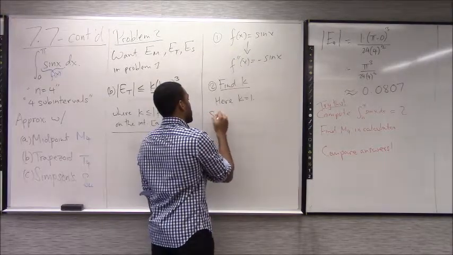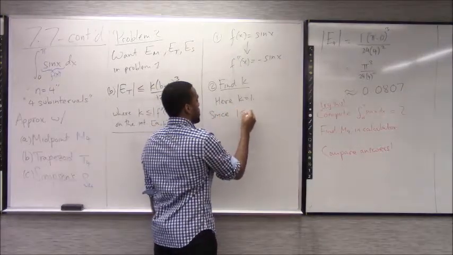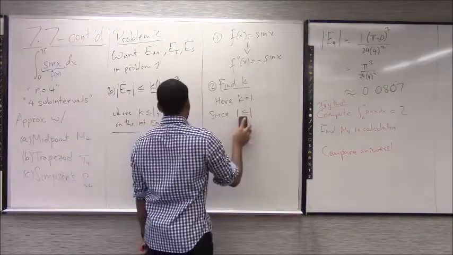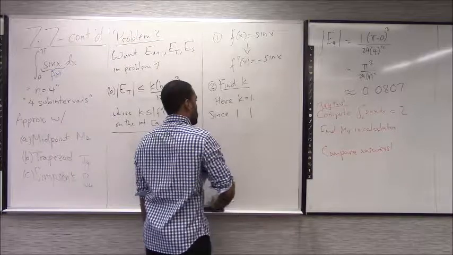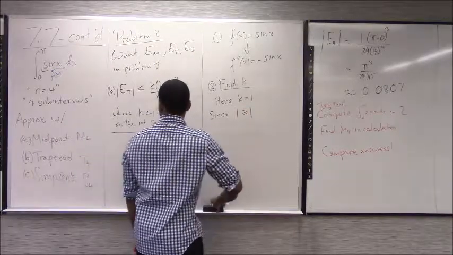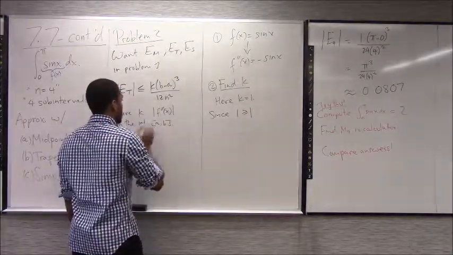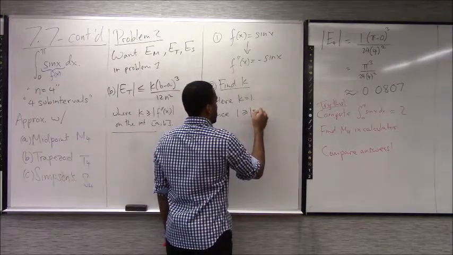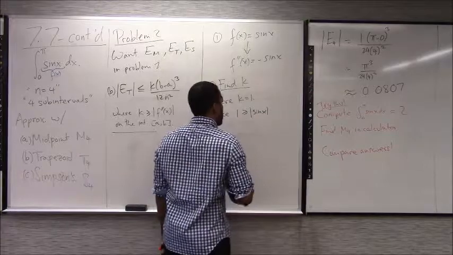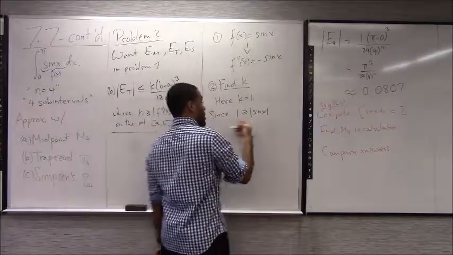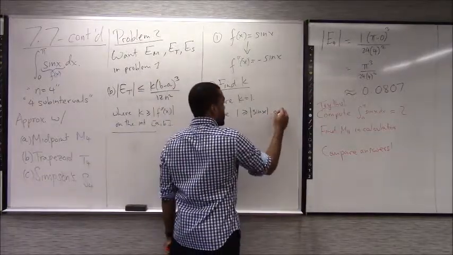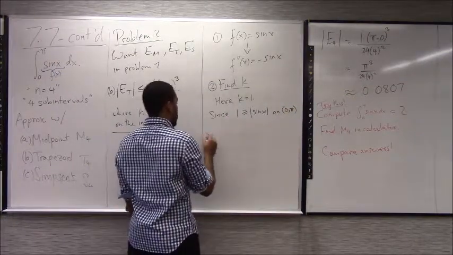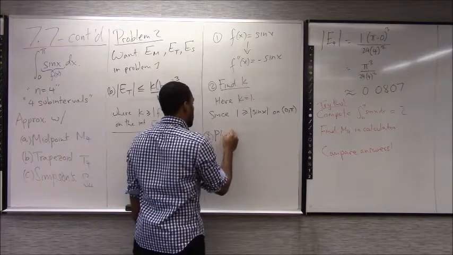Since 1 is greater than the magnitude of sine x, well, that's always true, but in particular it's true on the interval 0 to pi. So third, plug into the formula.